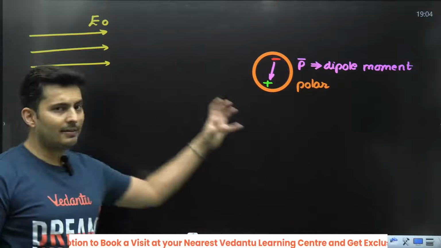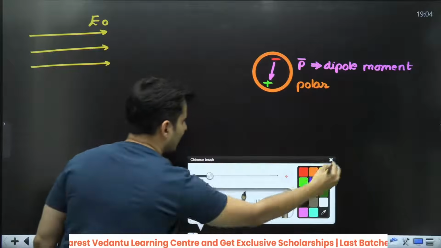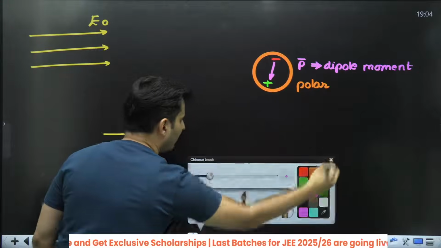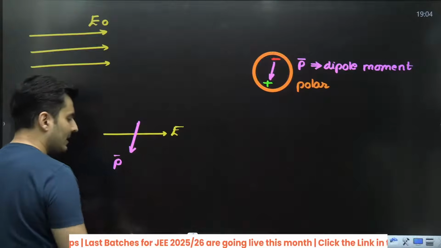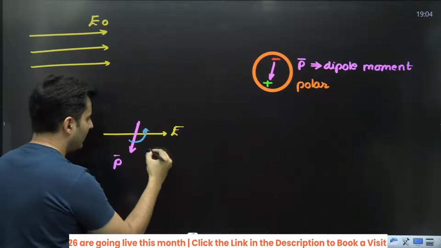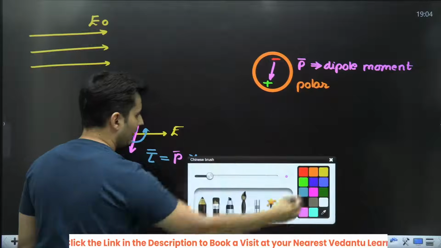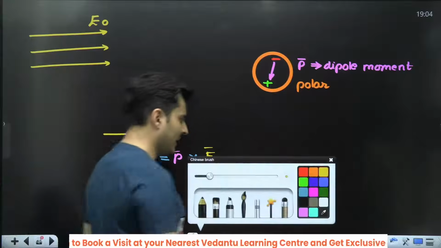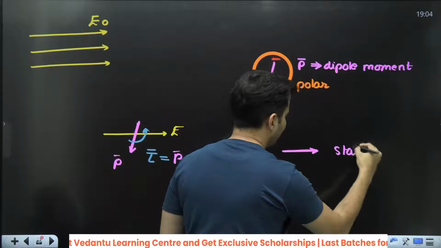Now, when this external field is passed through such a polar molecule, what happens? It experiences a torque, which is just given by P cross E. So it rotates, and once it rotates, it eventually comes to a stable equilibrium.